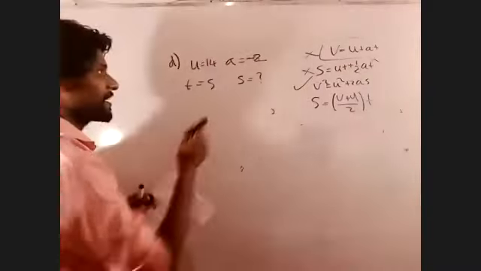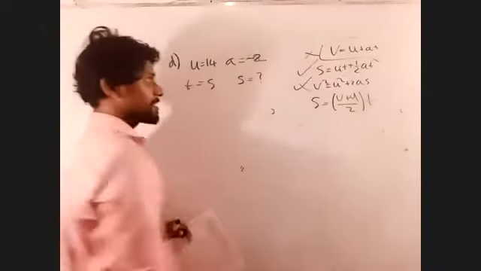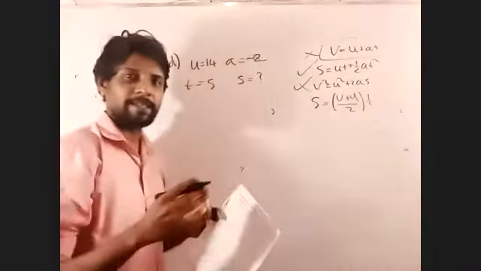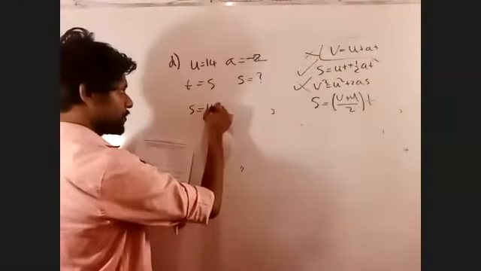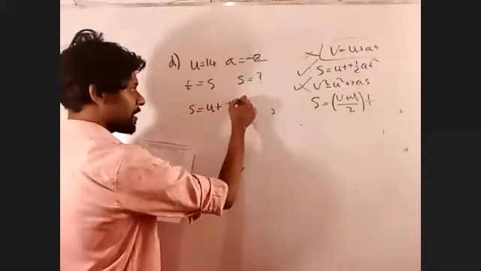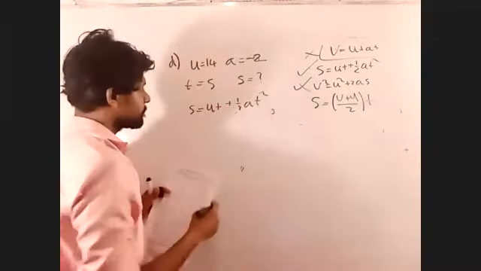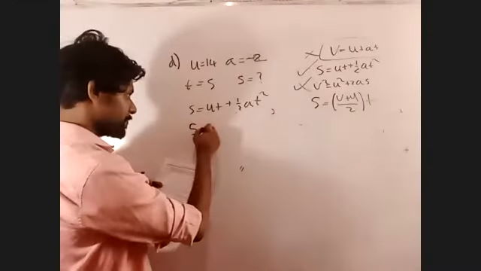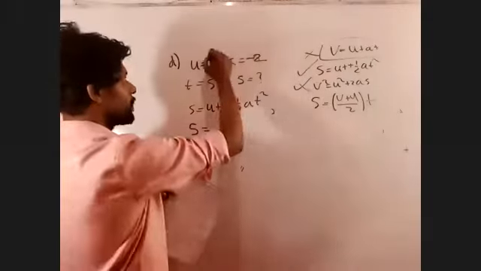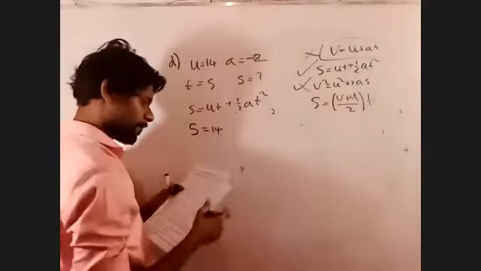Now I can take the second one in this particular case, because you have to compare all the terms. So let's write it like s = ut + half at². s is the unknown factor. This is going to be asked. u is 14, and the time is just 5 seconds.